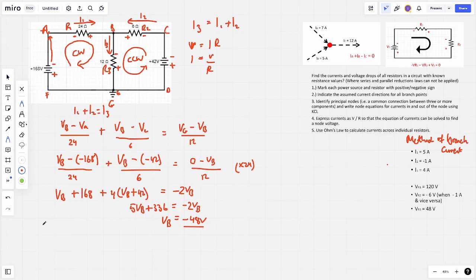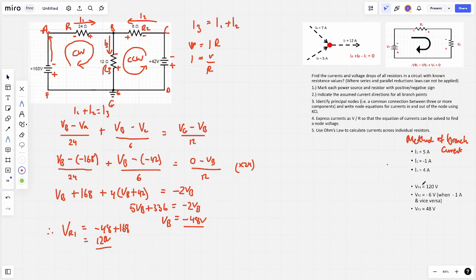So therefore we can say the voltage across R1 is, just like what we said here, VB minus VA. So VB, which we just worked out, is minus 48, minus VA, which is negative 168, which is plus 168.